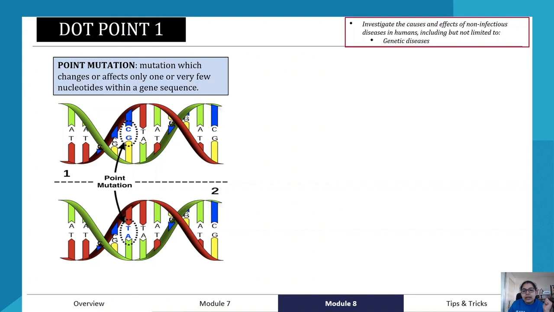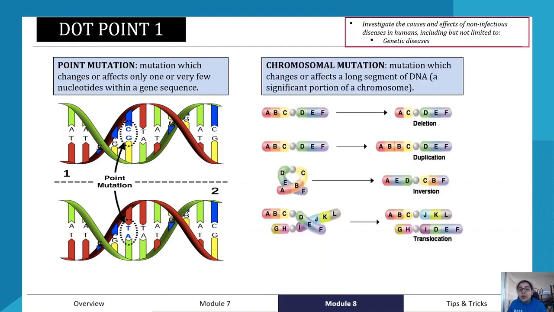Okay, so let's have a look. Point mutations are the ones which change or affect only one or very few nucleotides within the genome. And chromosomal mutations, on the other hand, can affect entire chromosomes, or certain parts of the chromosomes, generally a significant aspect of the chromosome.